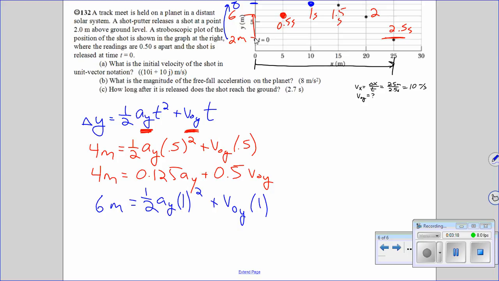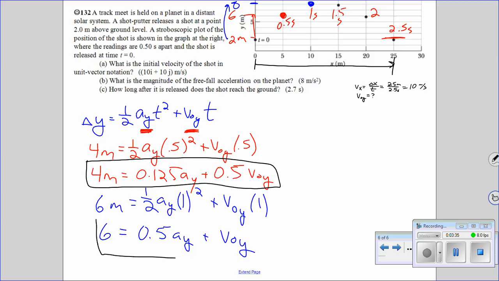So that gives me 6 equals 0.5 AY plus V0y. So what I'm going to do is take this equation and this equation and solve.